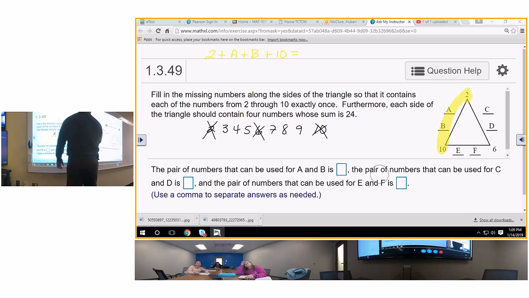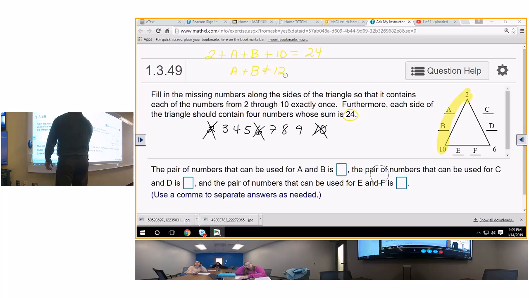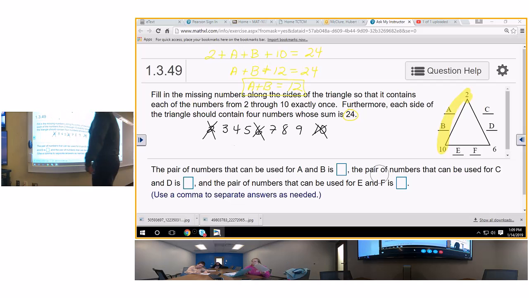Is equal to 24. Okay, 2 plus 10 is what? 12. 12 plus A plus B is equal to 24. So A plus B is equal to what? Okay, write that down. A plus B is equal to 12.